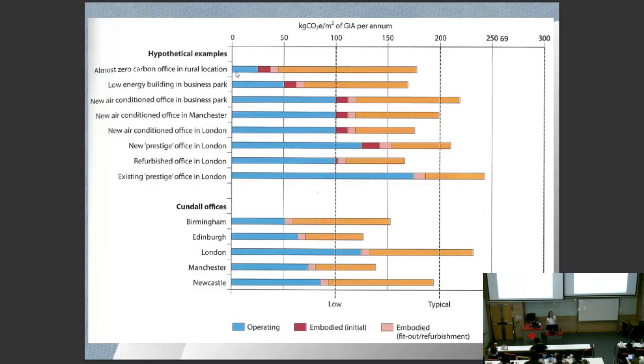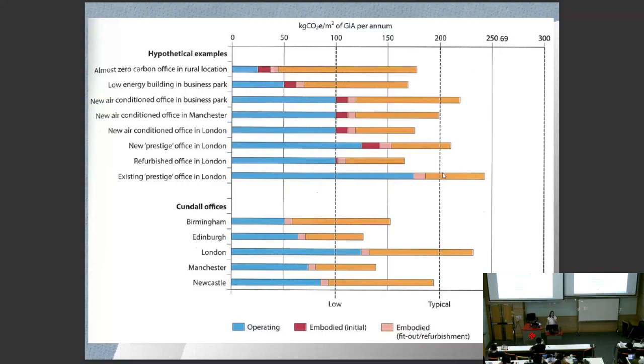And then comparing to another extreme, an existing prestige office building in the city center of London. The operating carbon will be very high, very large, because it is prestige, so probably air conditioned, and maybe the service is of higher grade, so they provide a very comfortable environment, so the energy consumption could be very high for operation.